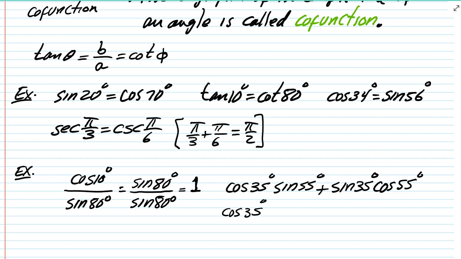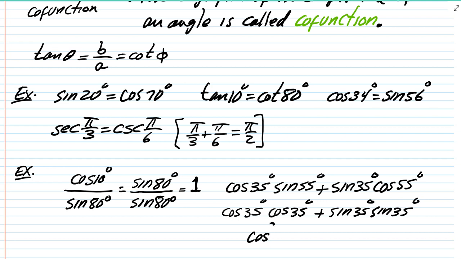Then I have cosine 35. Now sine 55 would be the same as cosine of 35 degrees. And I'm changing cosine of 55 to sine on the other side for the second term. And that would be sine of 35 degrees.